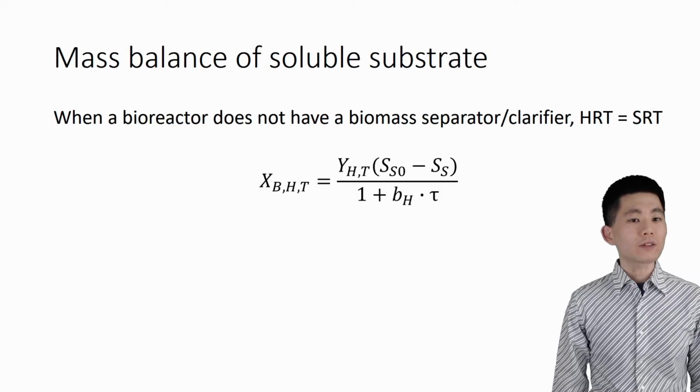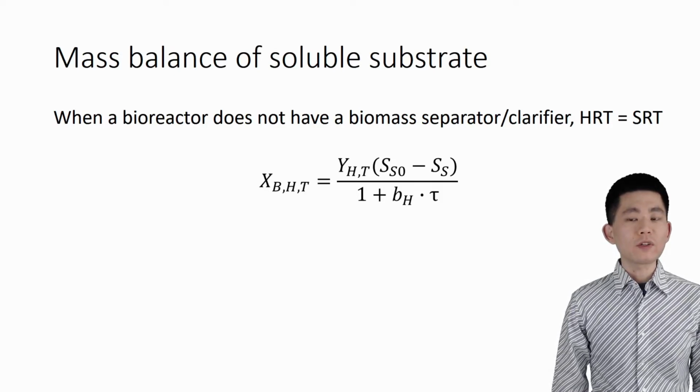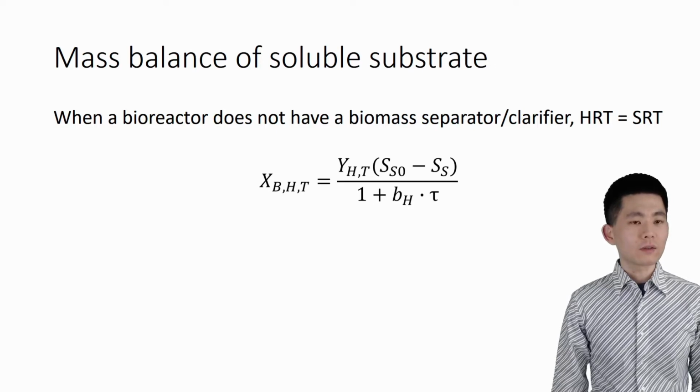For a bioreactor that does not separate biomass from liquid, such as a conventional anaerobic digester, HRT equals SRT. So we can further simplify the active biomass expression to this.